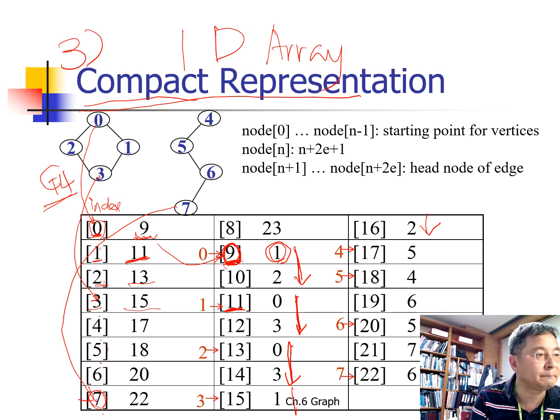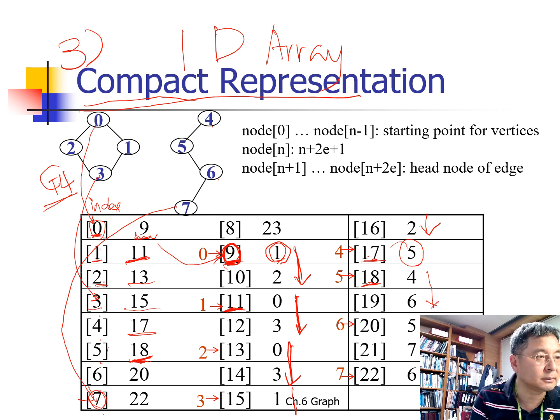And vertex 4 has only one adjacent vertex, 5, so at index 17 the number is 5. And vertex 5 has 2 adjacent vertices, 4 and 6, stored at index 18.